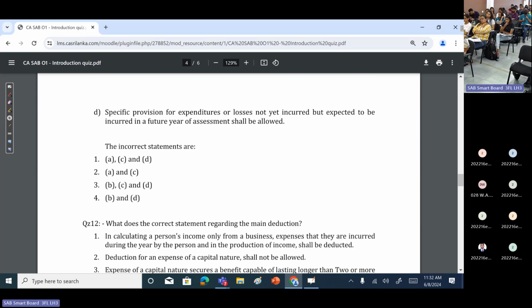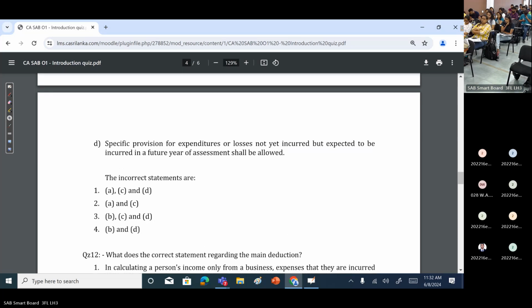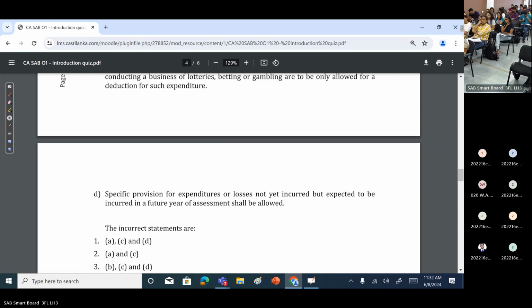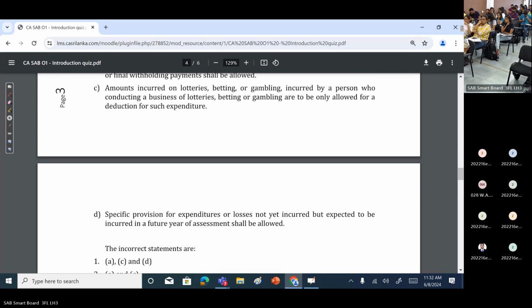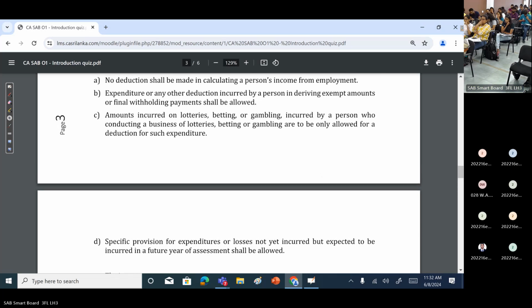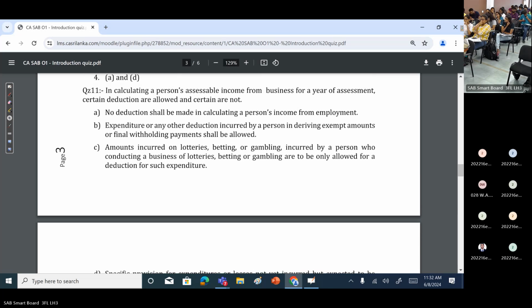So what is the correct statement? This one, right? This is correct. This is also correct.